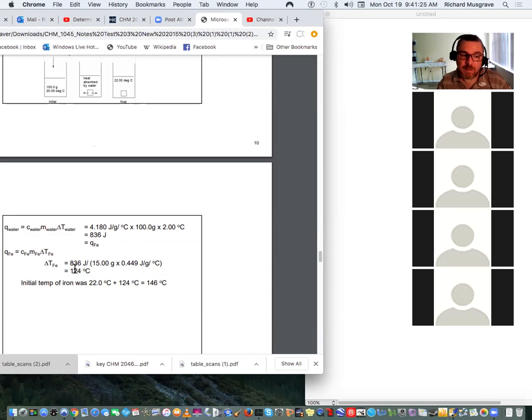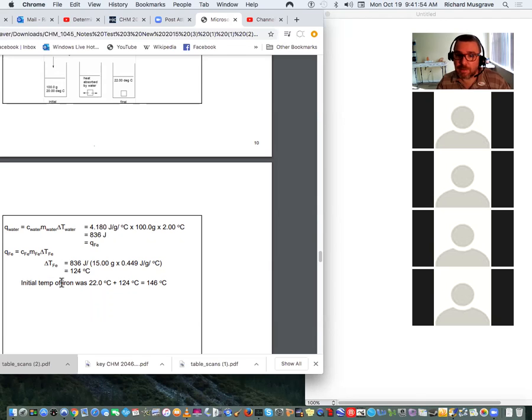So the Q of the iron is 836 joules, which is the same as the heat gained by the water. That's divided by the mass of the iron multiplied by its heat capacity, which comes out to be 124 degrees Celsius. But you've got to remember, this is a change in temperature, delta T.